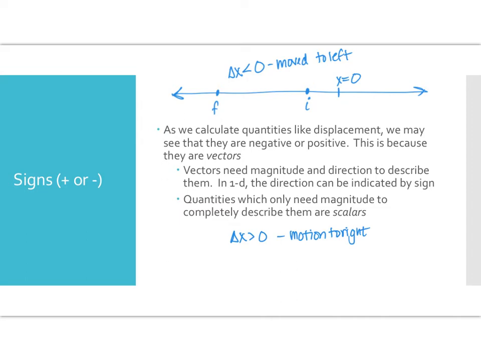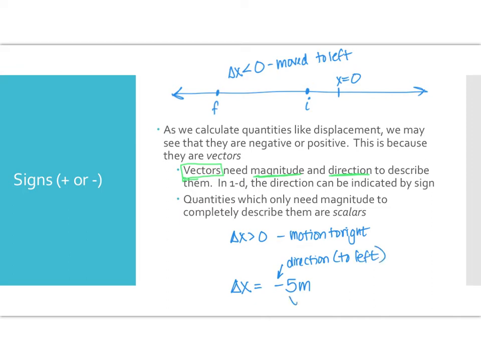We're going to learn about quantities that we call vectors. And vectors in physics are quantities that have a magnitude and a direction. Now, when we have a displacement, if our displacement is minus 5 meters, the negative sign gives us the direction, because it means that we're moving to the left.